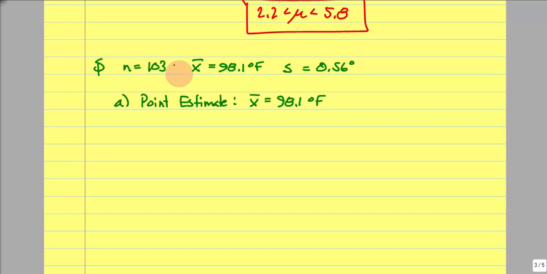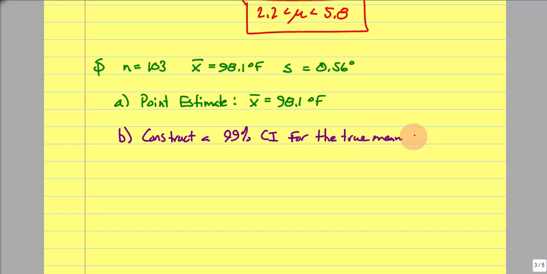So we did this sample of 103 people to check to see if that was true or not. So for part B, let's construct a 99% confidence interval for the true mean body temperature.